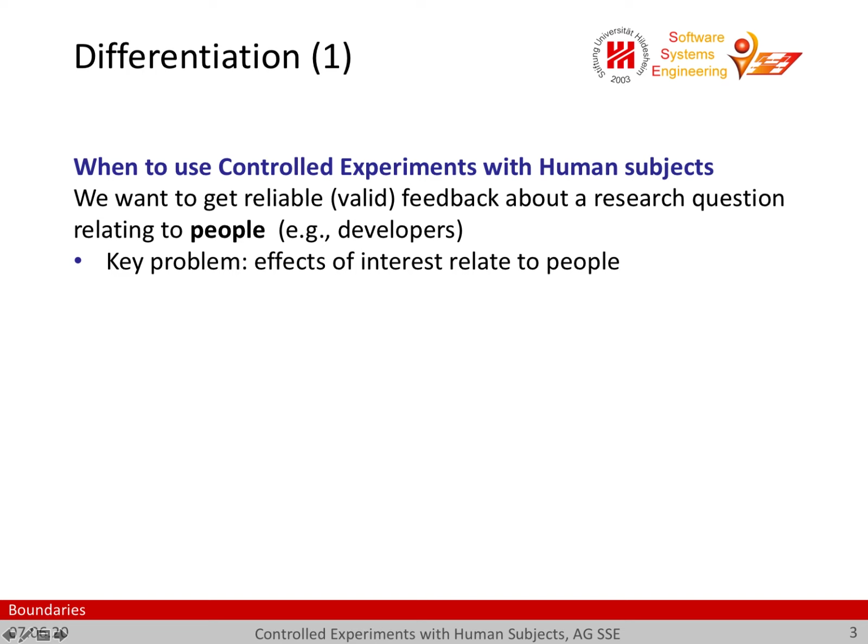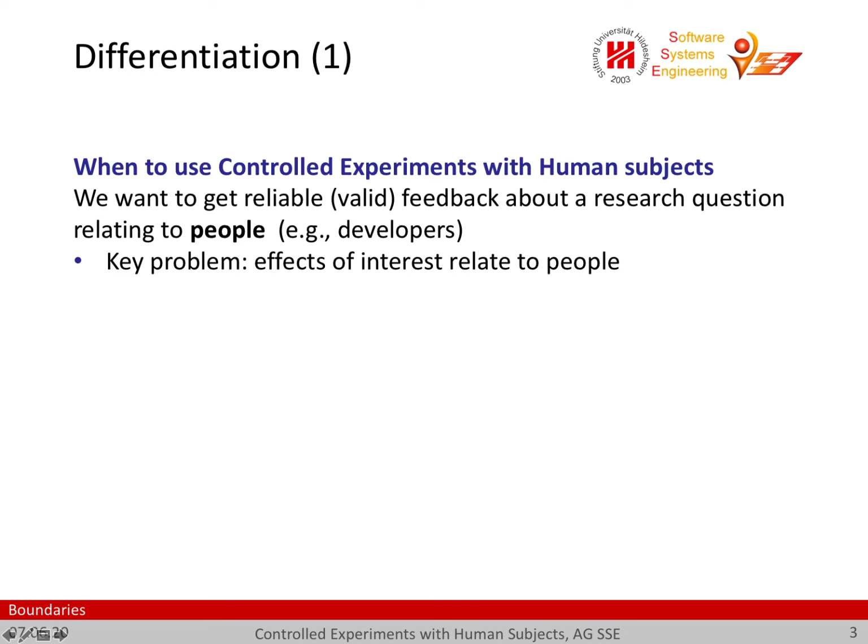So these are constraints. But if I have any research questions which relate to people, that can be developers, business people, users, whatever, then it is at least worth thinking about whether it's possible to do a controlled experiment. Because in terms of internal validity, controlled experiments are about the best you can get.